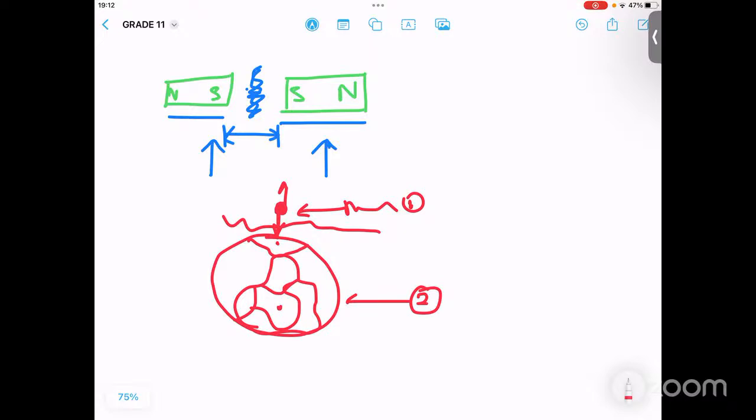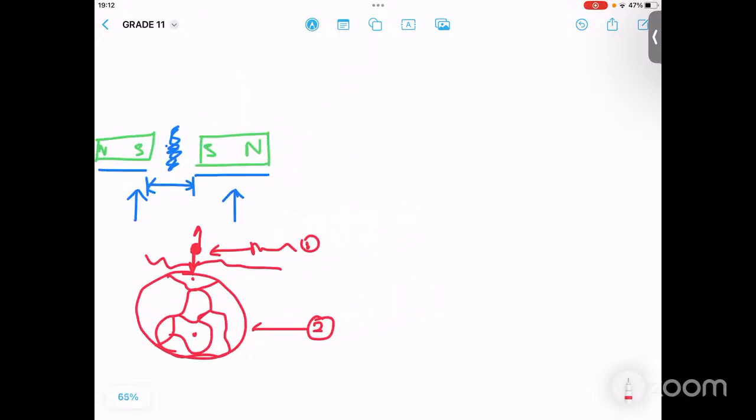Maybe let me give the last example, and then from there we will summarize all that is to do with the non-contact force, and then later we will move on to the contact forces. Okay, you guys are from grade 10, and I'm pretty sure that you do know that we've got those electrons, where you might be having a negative charge.